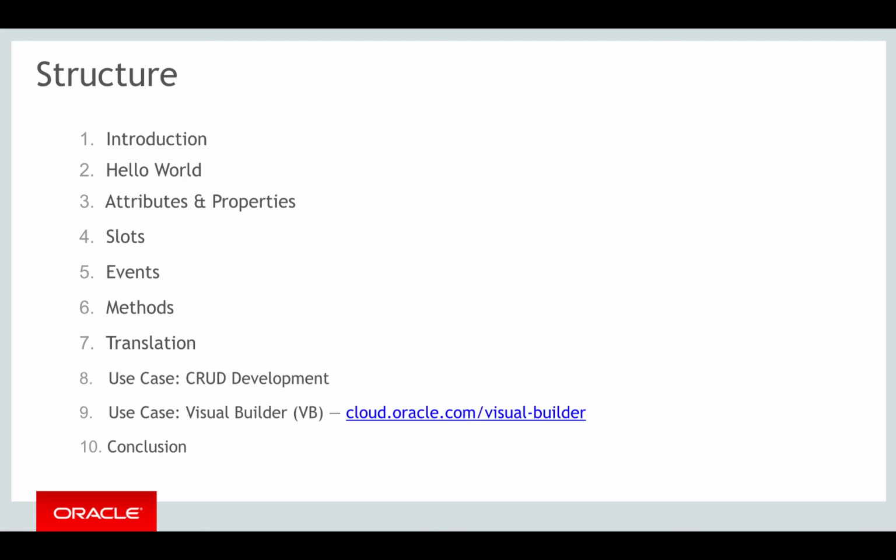We will then follow with some parts focused on the various aspects of a web component. In particular, these are attributes, properties, slots, events, and methods. You will learn how to translate web components into different human languages, and we will wrap up the MOOC with 2 use cases. The first focused on CRUD development by means of web components, and the other focused on the visual builder and the relevance of web components to VB and also into how you can integrate web components into VB.